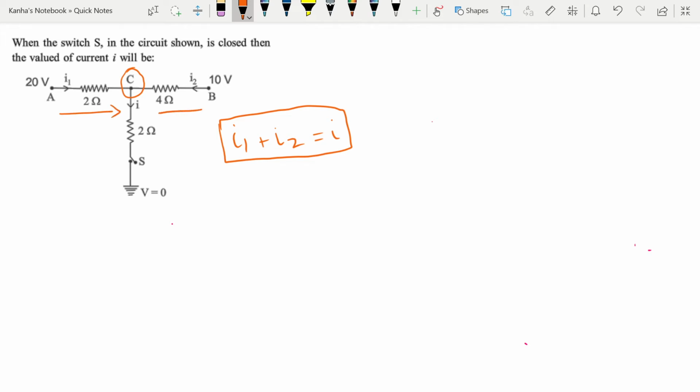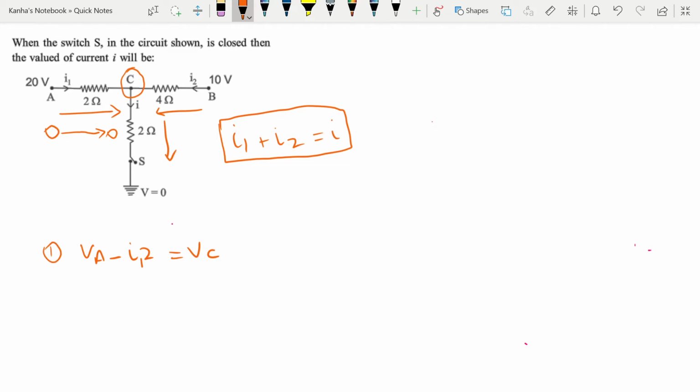There are two ways to write this, and I'll take one at a time to simplify this. So I have VA minus the potential drop across the 2 ohm resistor, I1 into 2, minus VC is equal to 0, or I can just write this as VA minus I1 into 2 is equal to the potential at C. So you start from a point and you pass through several things, be it resistors, batteries, capacitors, inductors, and then you reach a final point.